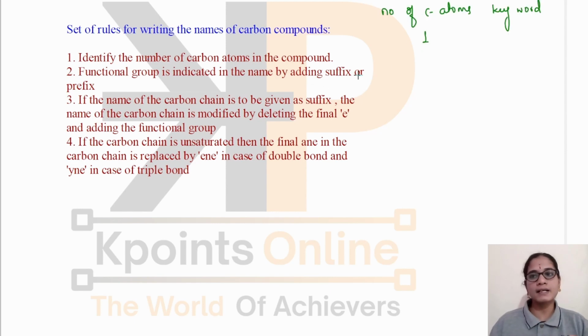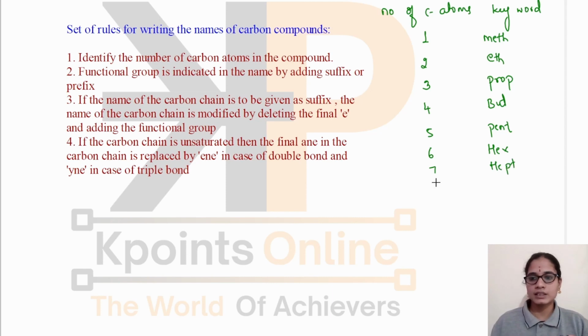If there is one carbon atom, the keyword will be meth. If there are two carbon atoms, the keyword will be eth. If there are three, we use prop; 4, but; 5, pent; 6, hex; 7, hept; 8, oct; 9, non; 10, dec. These are the keywords that we use for writing the number of carbon atoms.